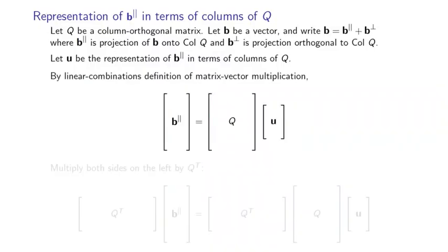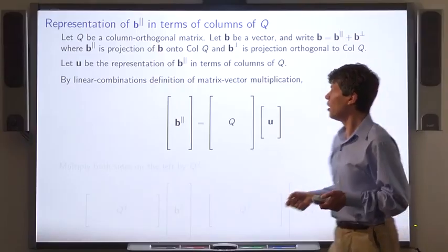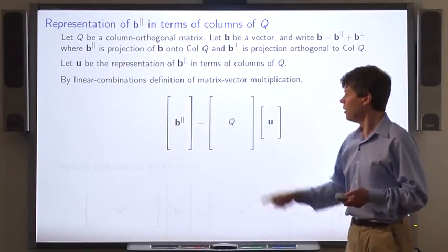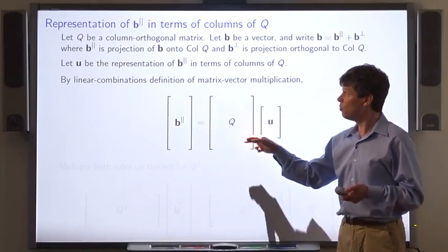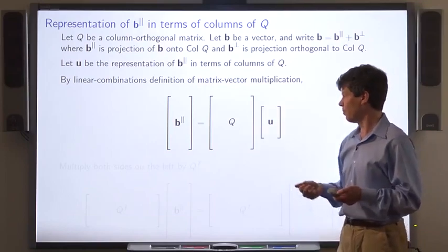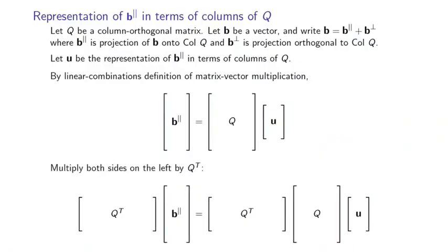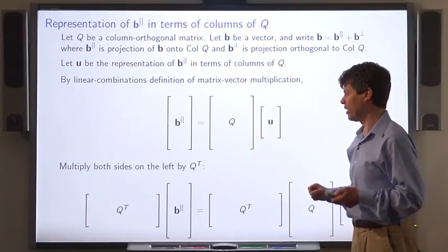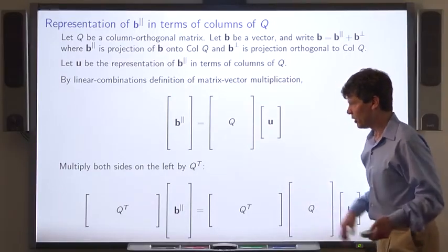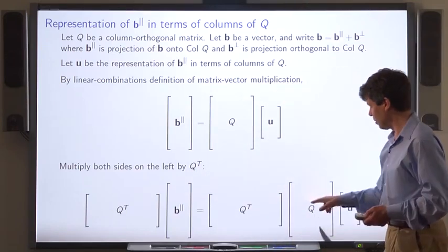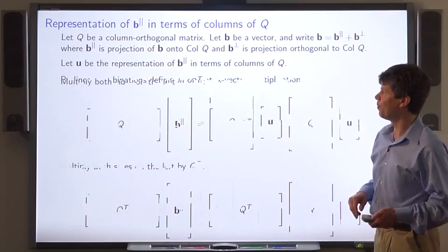By the linear combinations definition of matrix vector multiplication, the vector we're representing, b parallel, is the matrix Q times the coordinate representation u. Let's take this equation and multiply both sides on the left by Q transpose. We get Q transpose times b parallel equals Q transpose times Q times u.